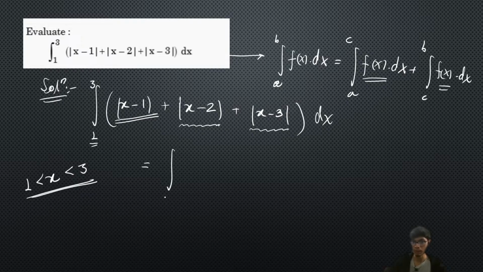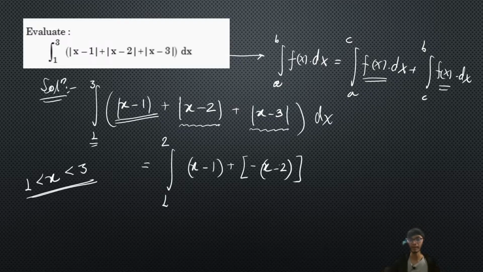So I will split this from 1 to 2. When I split between 1 to 2, this integral will be equal to x minus 1 plus minus of x minus 2, because when opening the mod we evaluate it as negative, since x is between 1 and 2, that is, less than 2.